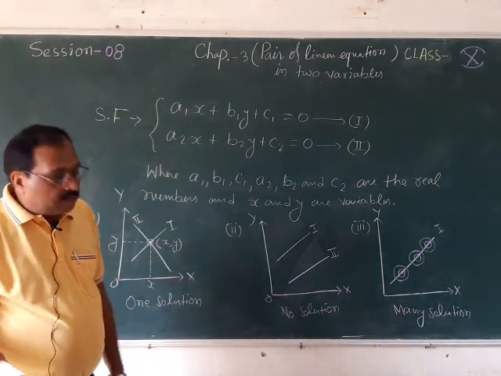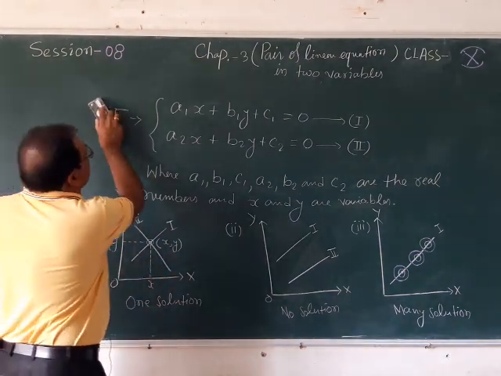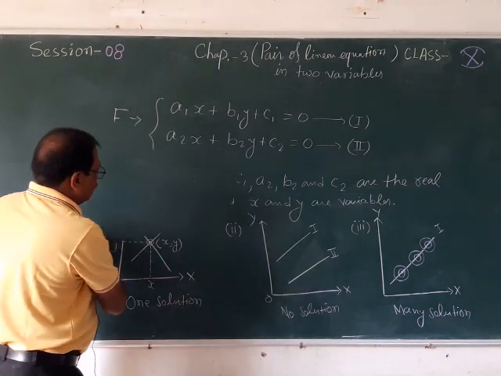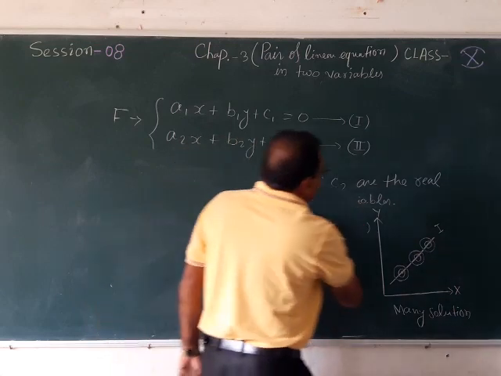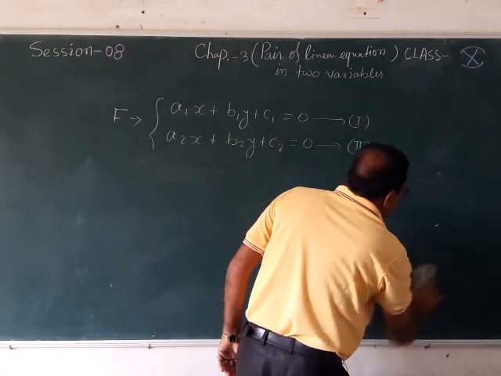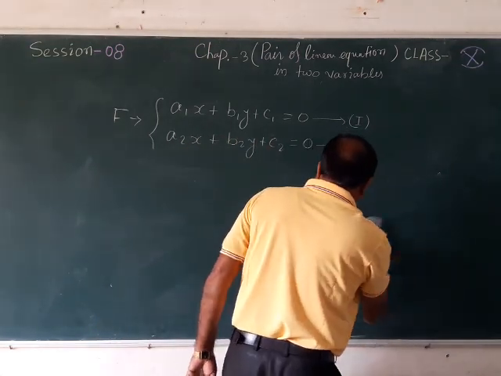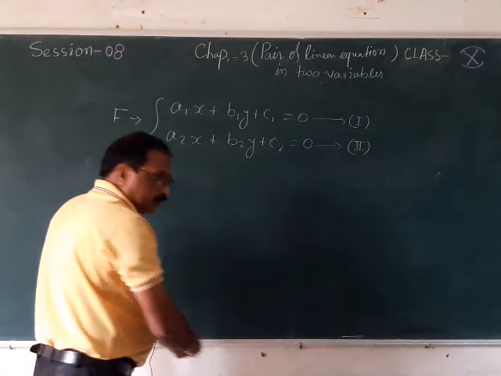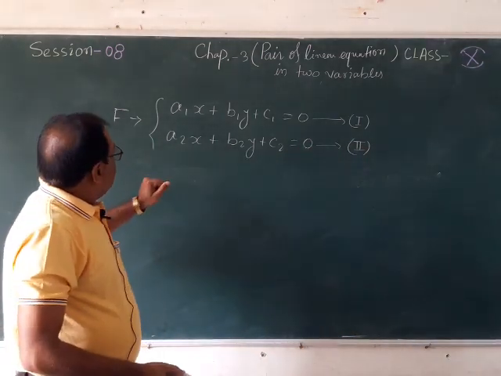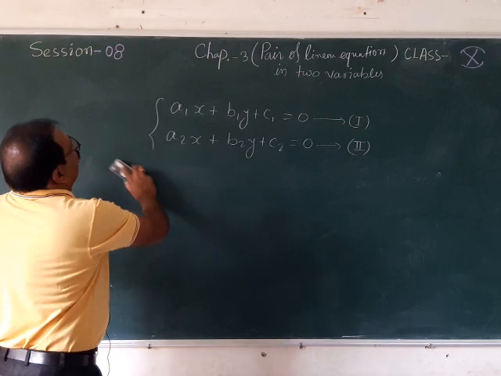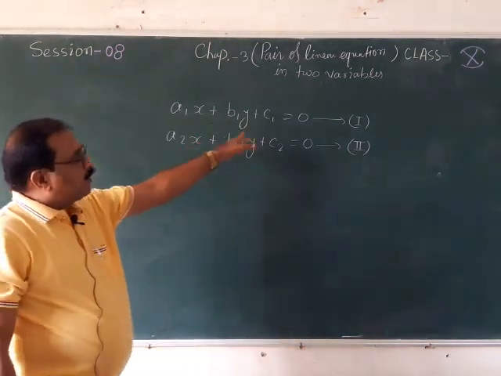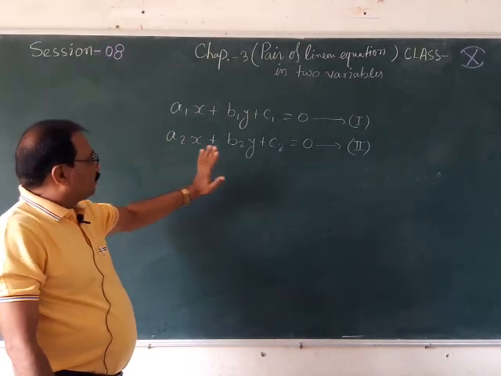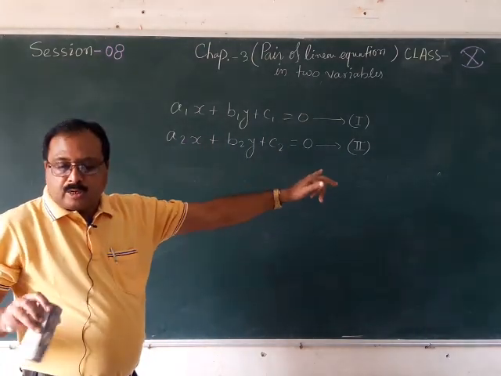First you copy down these things. Now I am talking about the standard form of linear equations in two variables: a1x plus b1y plus c1 equal to 0, a2x plus b2y plus c2 equal to 0.